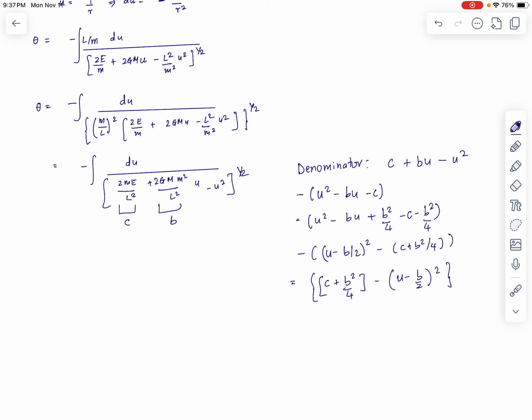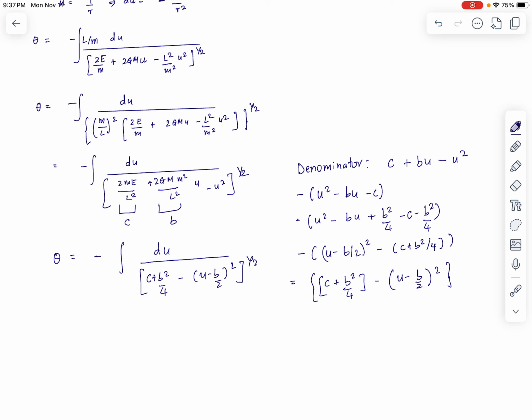So we have theta equals minus du divided by c plus b square divided by 4 minus u minus b divided by 2 square, and we put this in the square root.